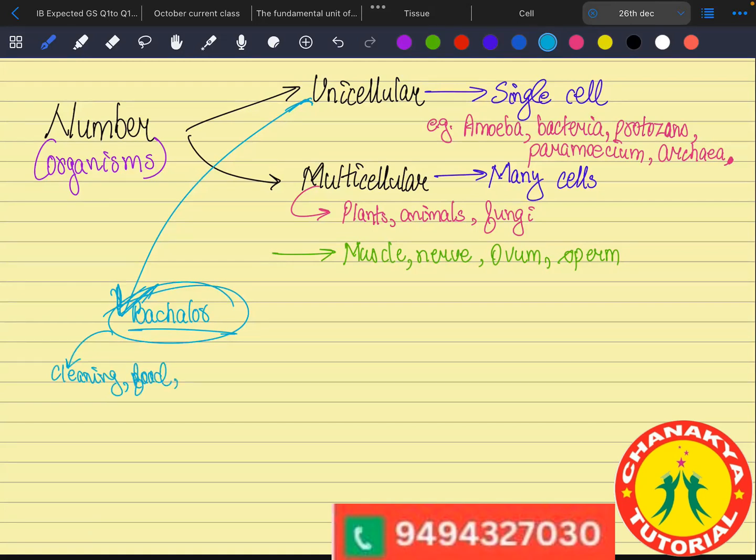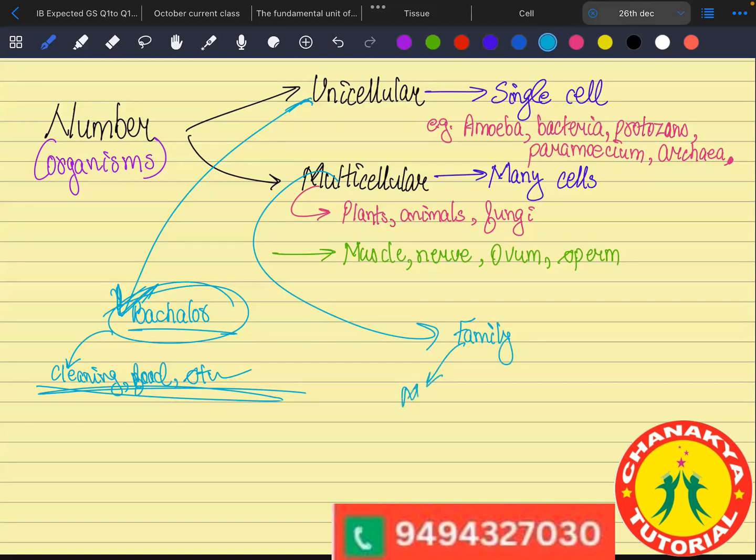So cleaning, food, studies and all, all of these works are done by a single person. Whereas if we take the example of a family for multicellular, they work together to carry out functions. They do different functions.